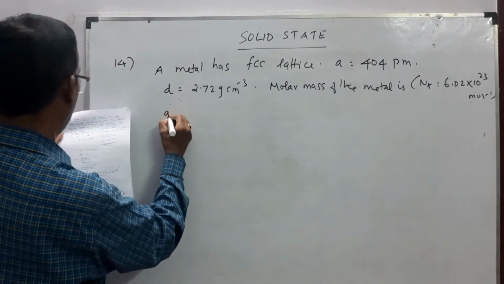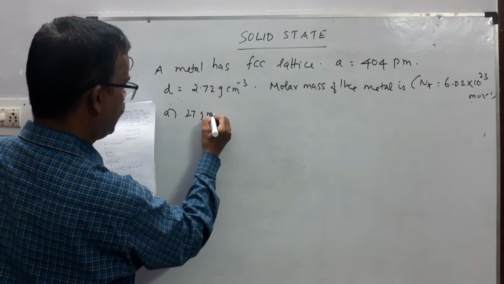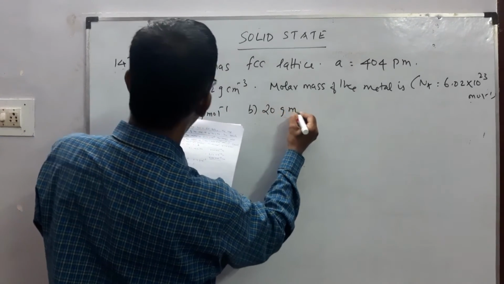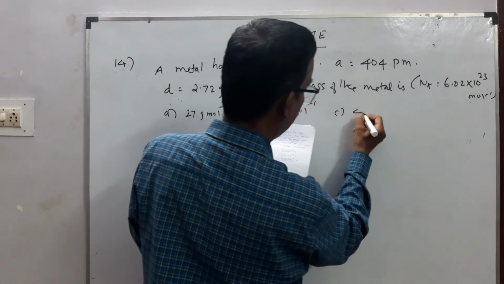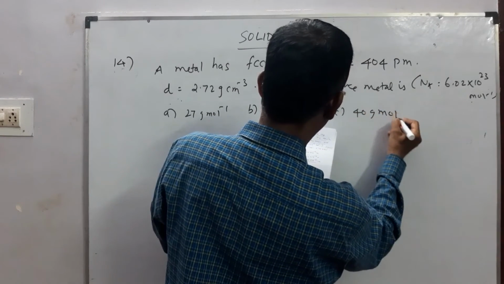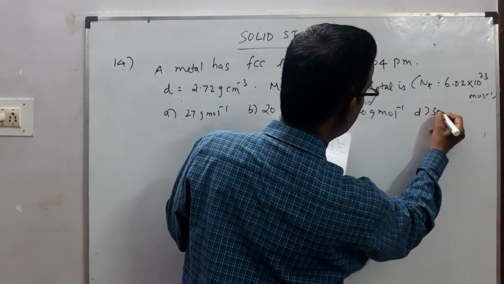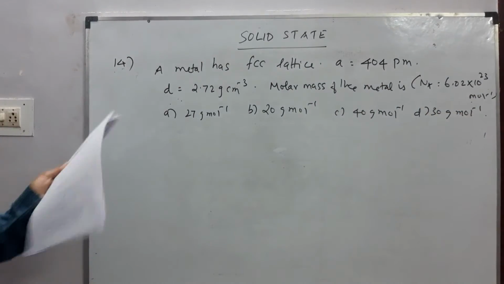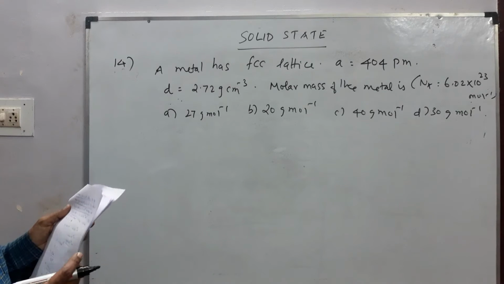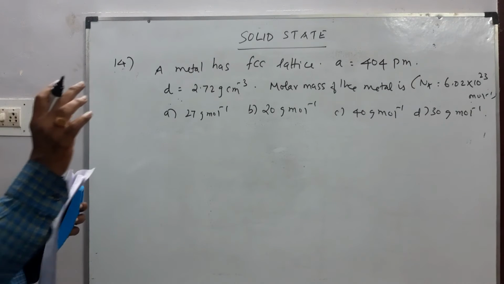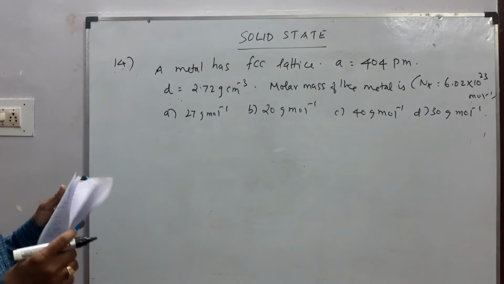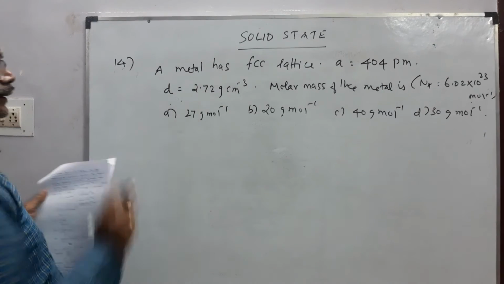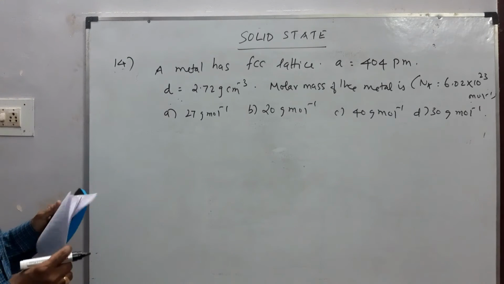So option A 27 gram per mole, B 20 gram per mole, C 40 gram per mole, D 30 gram per mole. Here it is FCC, unit cell edge length value given 404 picometer, density value given, molar mass of the metal.